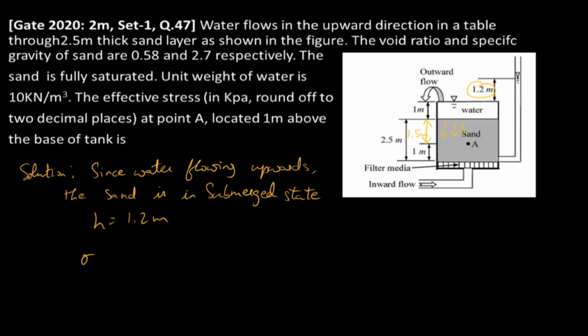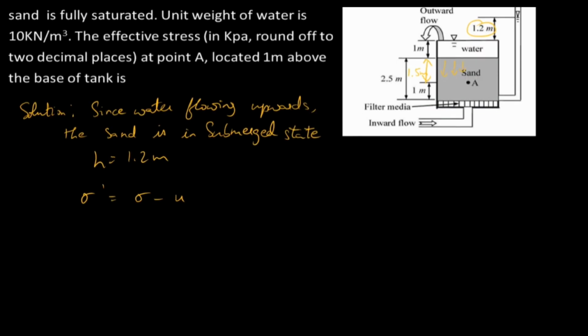So effective stress is nothing but total stress minus pore water pressure. Effective stress will be total stress, that is Z gamma submerged, minus pore water pressure. Pore water pressure is nothing but the water present at the soil sample, which is at point A.